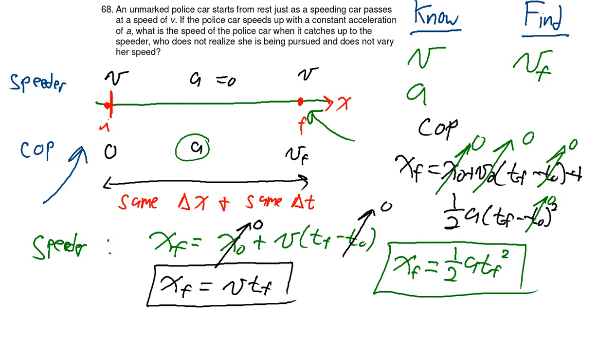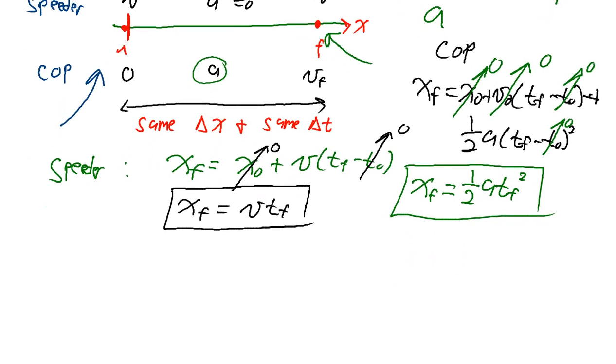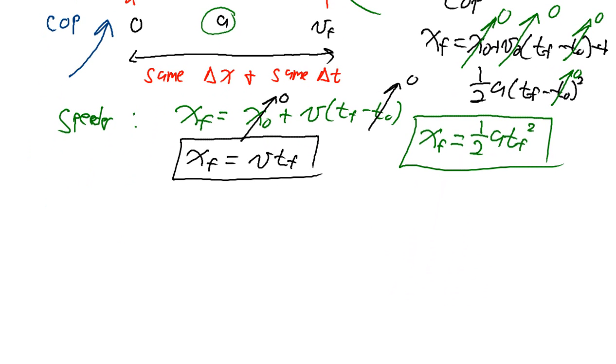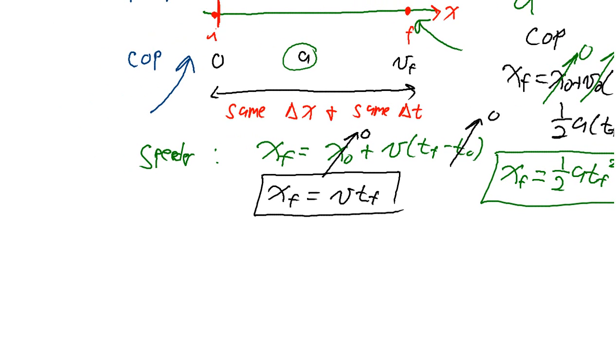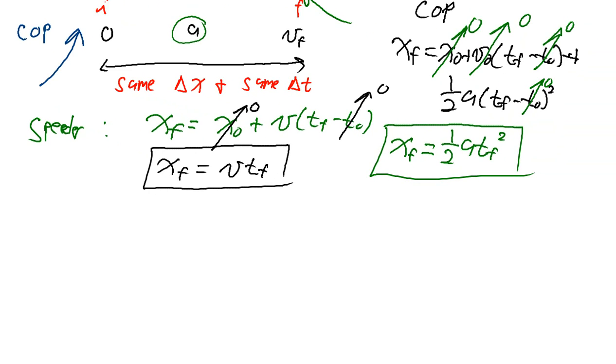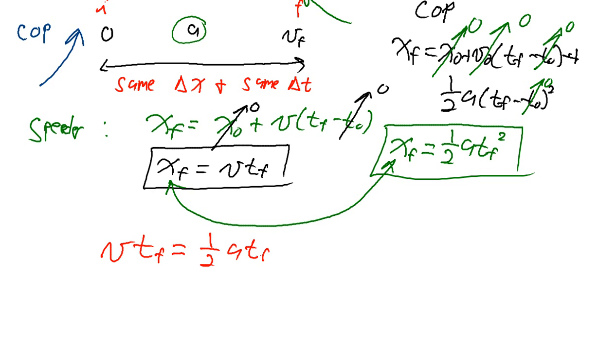All right, so let me move my paper up, and before we go any further, we can combine those two equations together because the xf terms are the same. So I can set the right-hand sides equal to each other, and I'll change color again. So that would give us v times tf equals 1/2 a times tf squared.